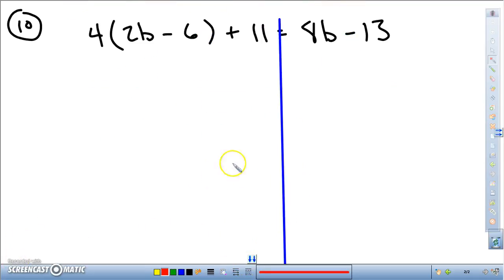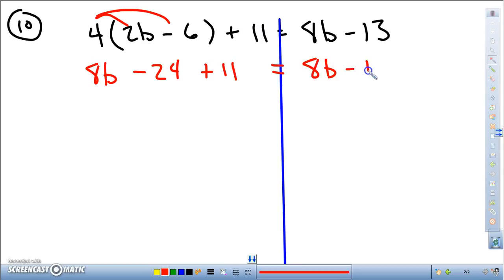Number 10, very, very similar to number 9 in that I have distribution and more terms included here. So I've got to distribute first. That gives me 8b minus 24. Your plus 11 comes down, and your 8b minus 13 on the right side comes down.